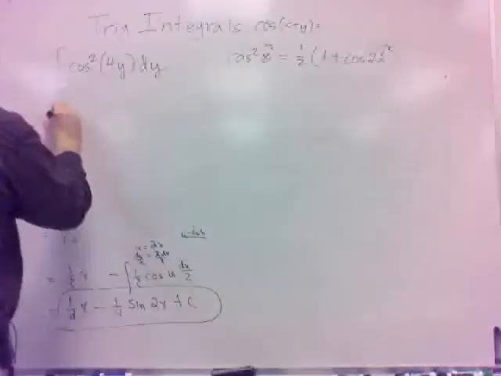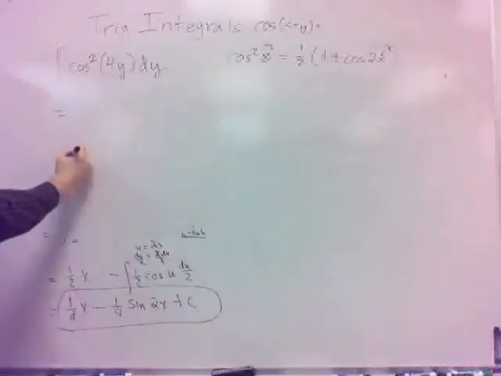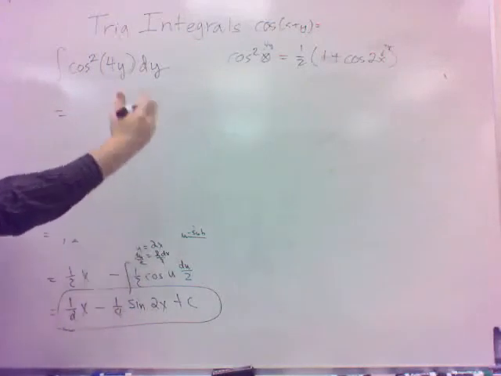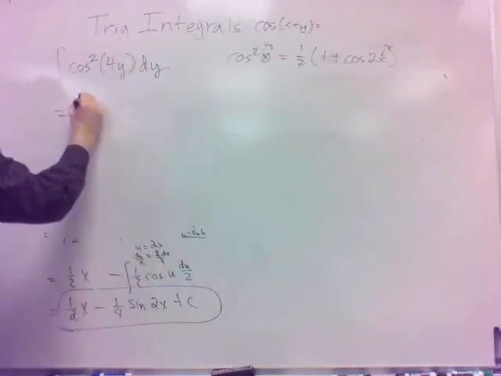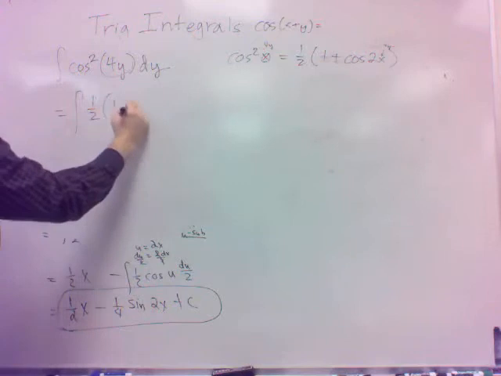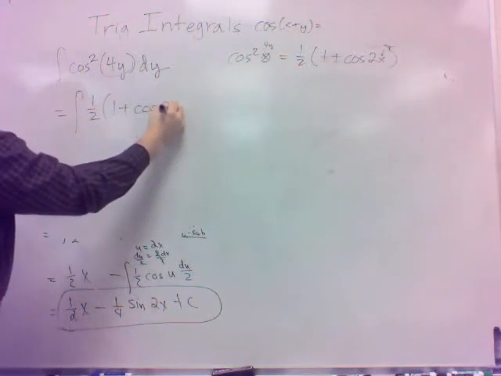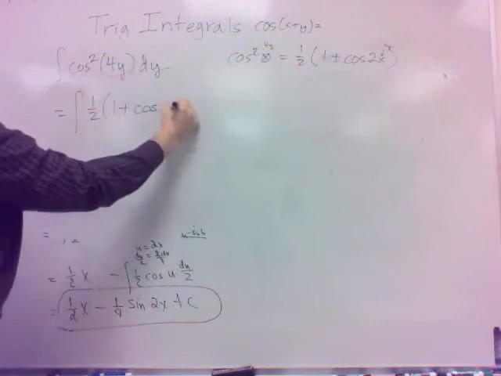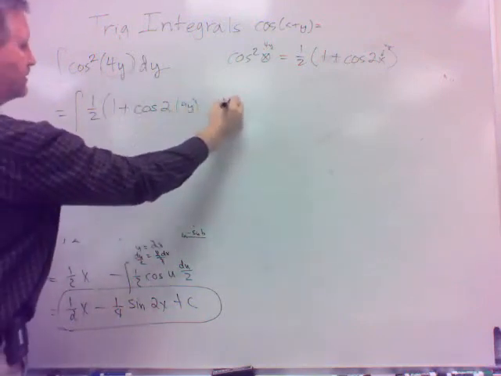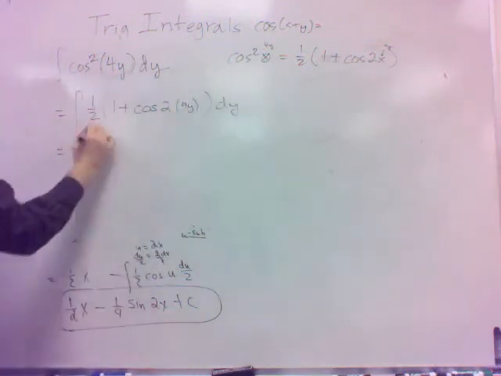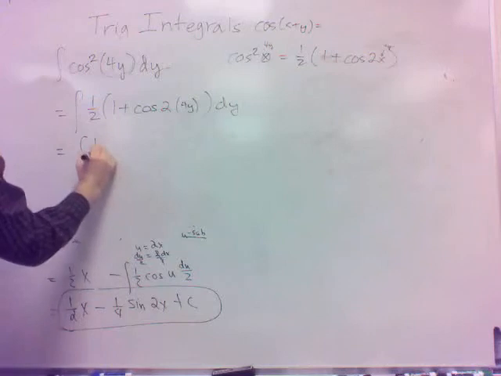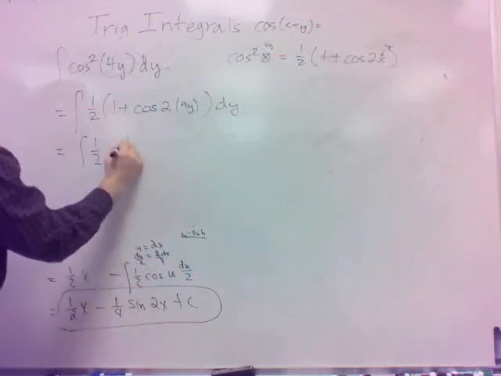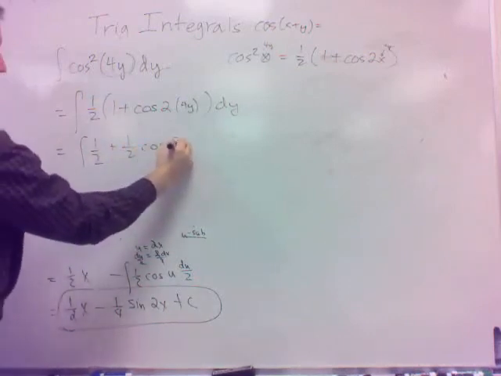That's all I do. It's not really a u sub, I don't have to go to the du stuff. So it's the integral of 1/2 (1 plus cosine of 2x), but the x is 4y, so it's 2 times 4y, which is 8y, and then dy. I'd go ahead and do the 1/2 thing, so it's 1/2 plus 1/2 cosine 8y.